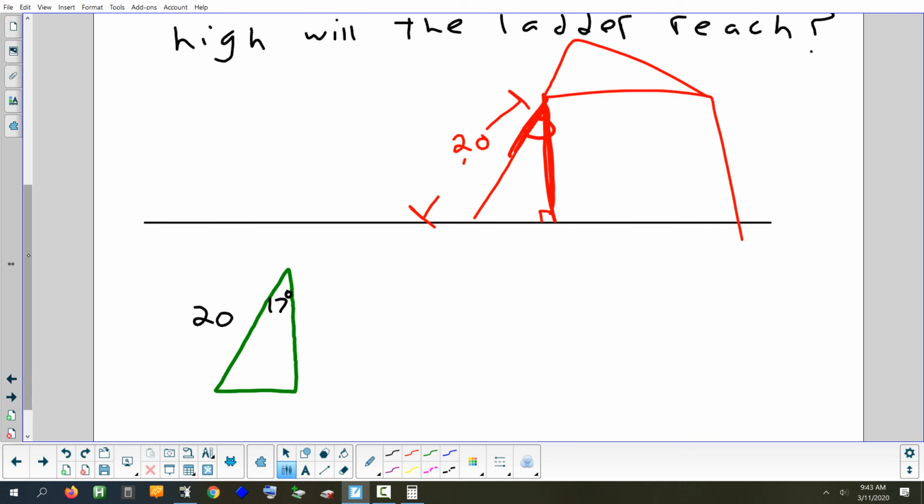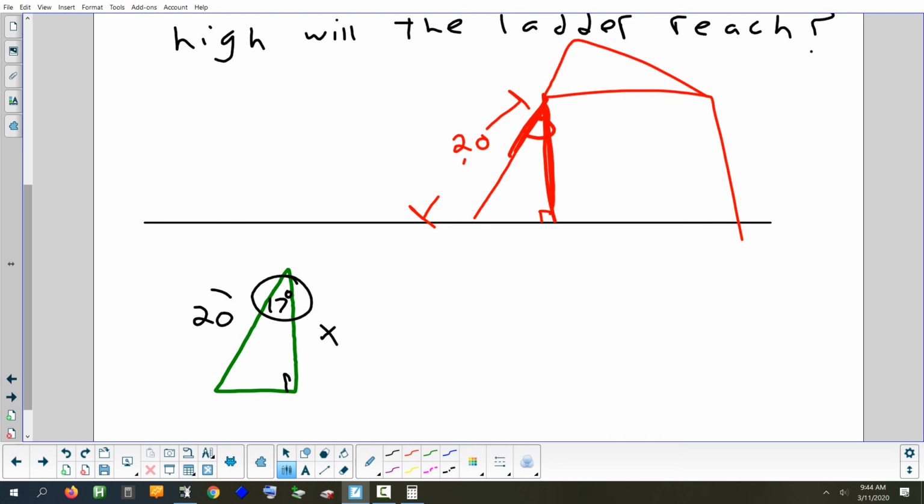Yep, the adjacent side. I'm just going to call it X. You can call it A or B, but you don't know what alpha or beta is. They didn't tell you labels, so we're going to use the labels opposite, adjacent, and hypotenuse.